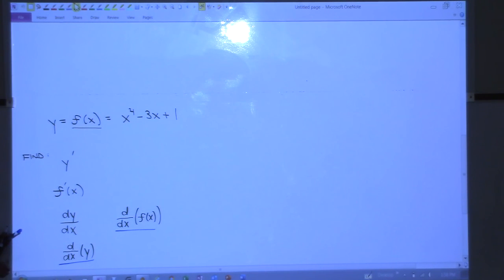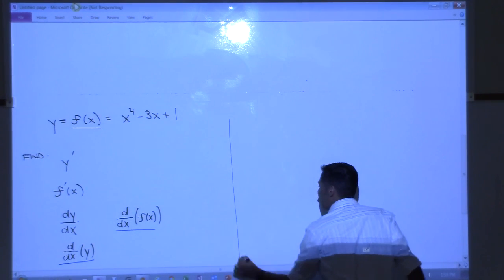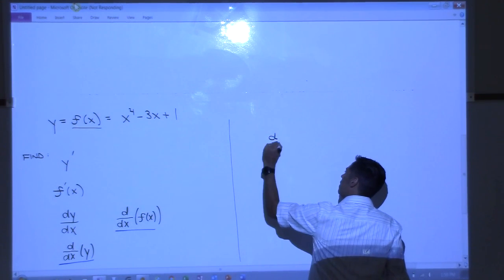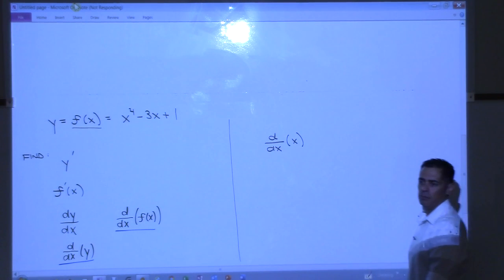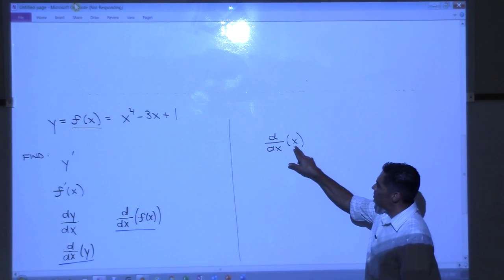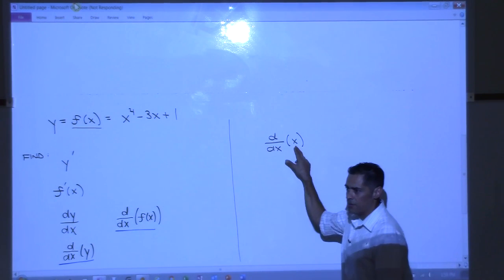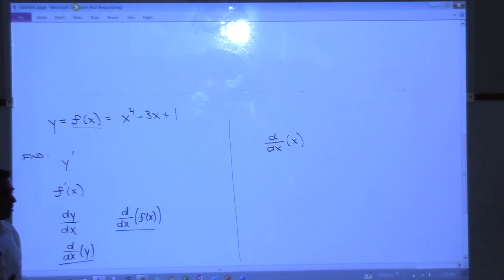With me? Okay, so with that idea, let me ask you, what would d/dx of x be? So if I say, look at this right here. That's the function, x. And take the derivative of that with respect to x, treating x like it's the independent variable.